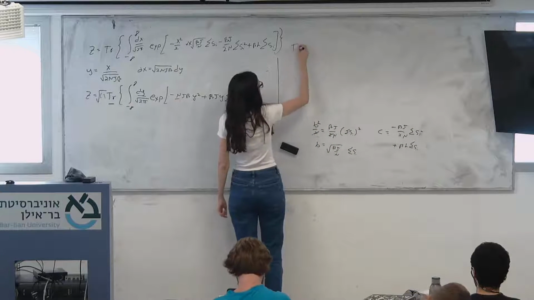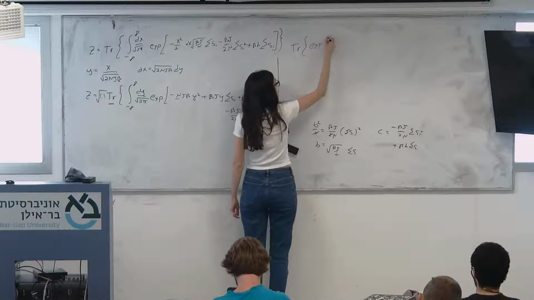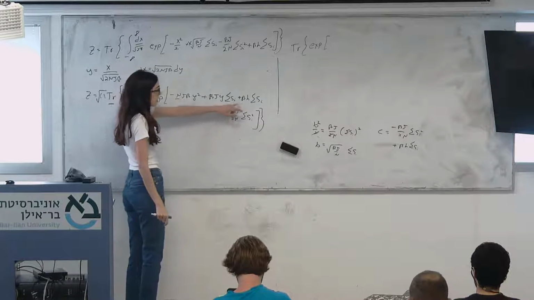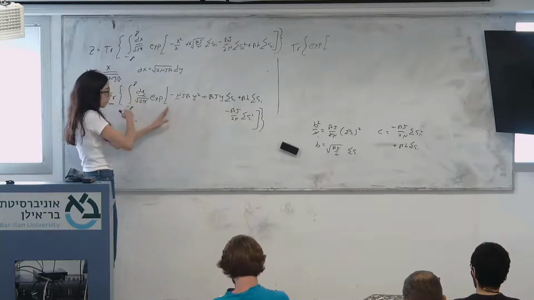So we have the trace of the exponent. We only take the parts that depend on Si, because this is just a function and we can take it out of the trace.